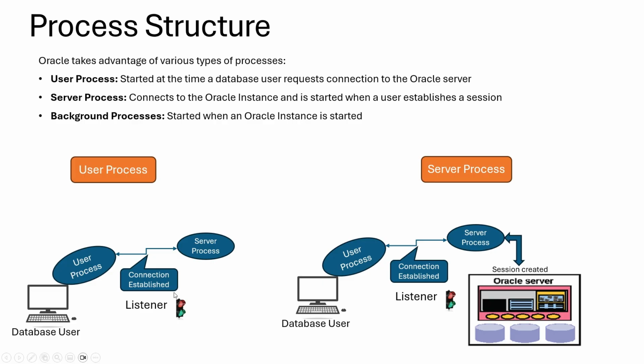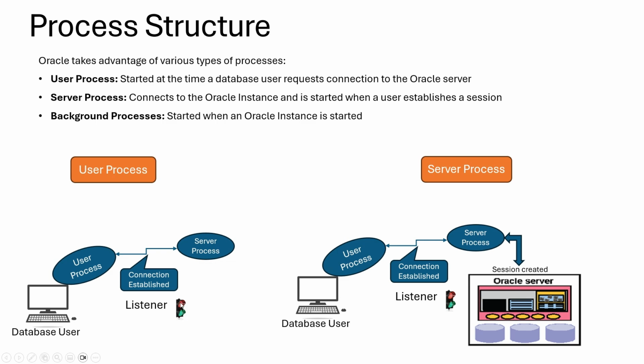Then it will go to the listener. The listener will check whether this connection should go to the server process or not. If it has valid database information like server port number and database name, SID, etc., then it will establish a connection, and the connection will go to the server process.